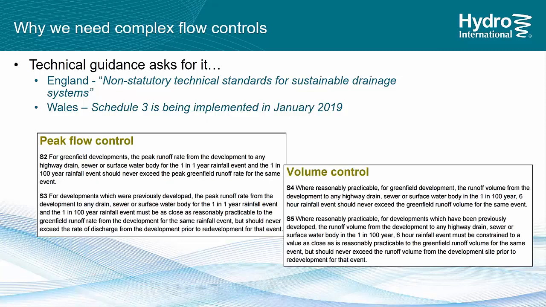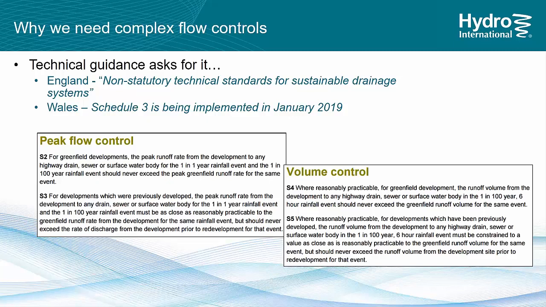It also talks about volume control as well, and holding an amount of volume on the site for your 1 in 100 year 6 hour rainfall event to therefore try and mitigate the potential flood risk that can happen downstream because we have more flow coming off of the system.